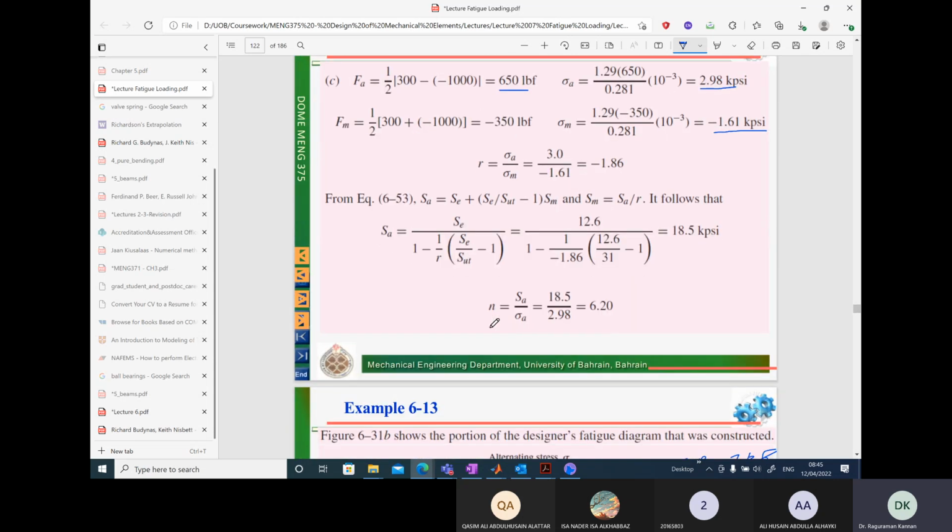So let's see what calculation they have done. This is the intersection point. You can see SE and SUT values being used. We can substitute here.